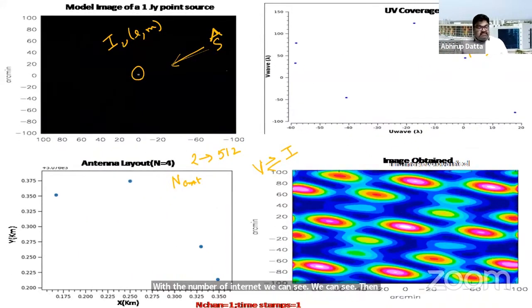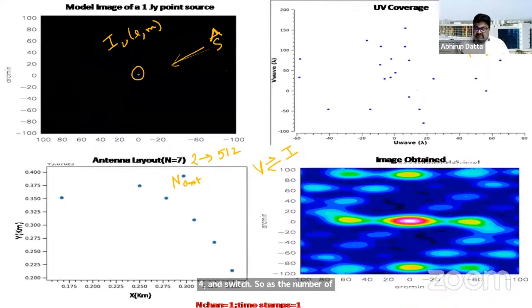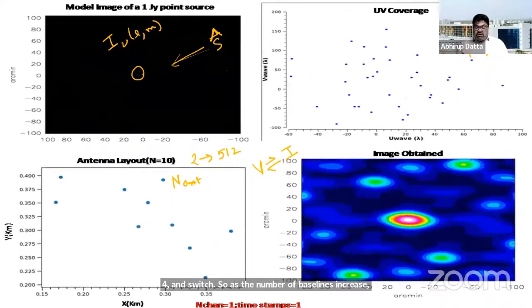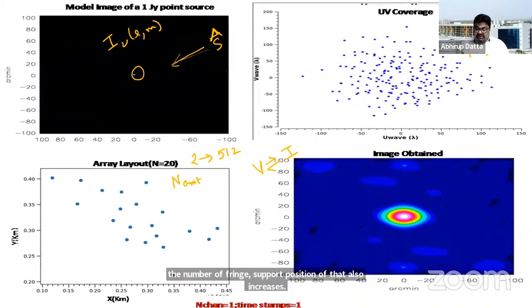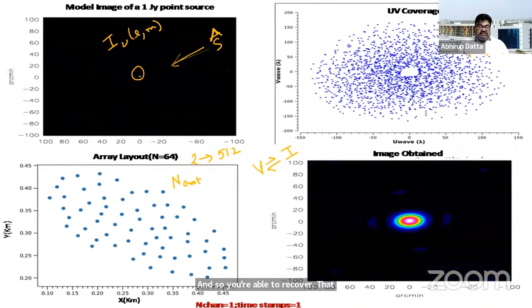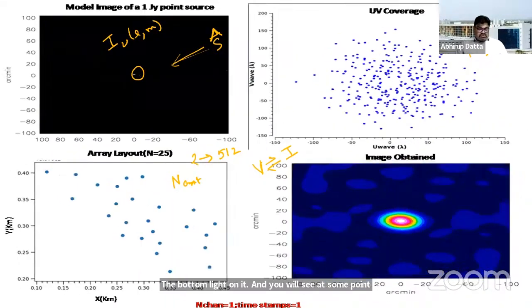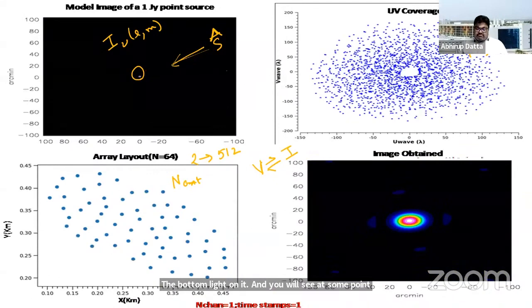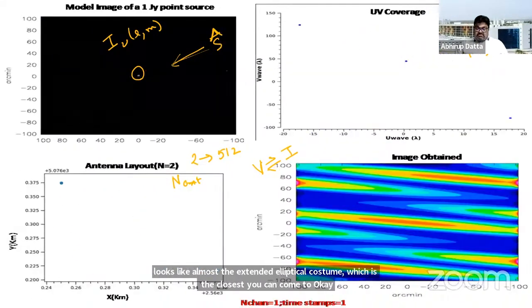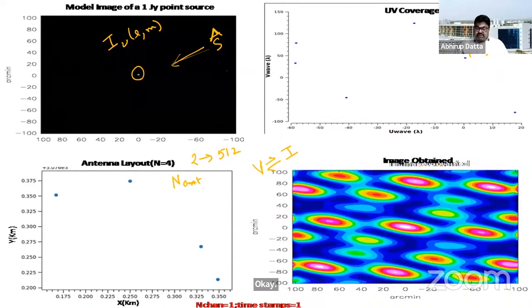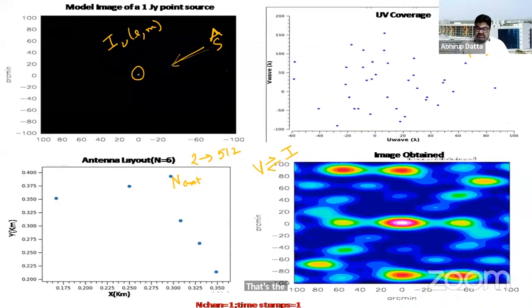So as the number of baselines increases, the total number of fringes superposed also increases, and so you are able to recover the original extended elliptical Gaussian, which is the closest you can come to a point source. Okay. So that's the Fourier imaging kind of thing. We will replay it again so you can keep looking.